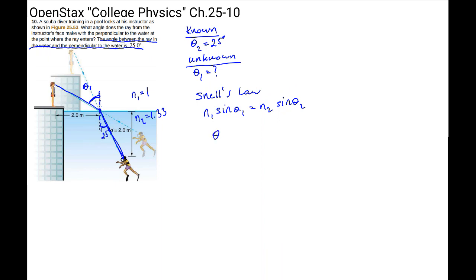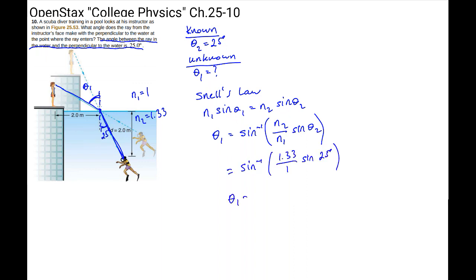So theta 1 then is going to be inverse sine of n2 over n1 sine theta 2. So when we plug in the numbers, we have 1.33 over 1 sine 25. Doing the calculation gives us that theta 1 is 34.2 degrees. So here it is, a fairly straightforward problem on refraction.